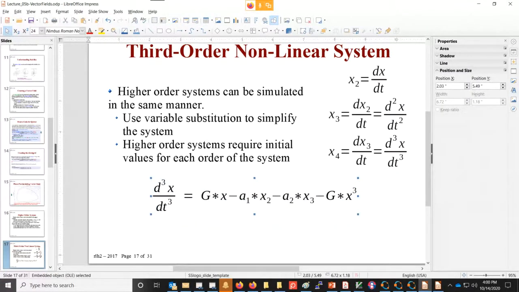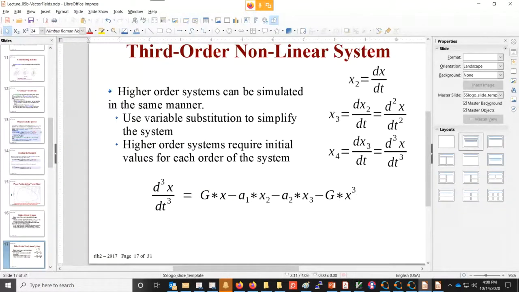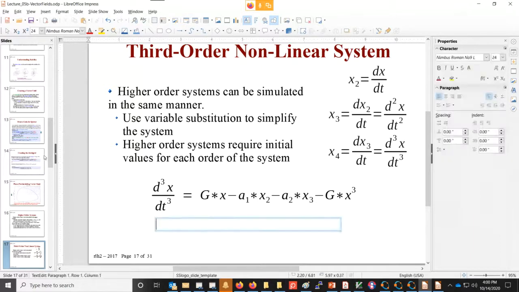So here's your third order derivative. And then the other values you simply integrate. So then now I've got my second order derivative, d squared x dt squared, is equal to the previous value of this plus my time step times the third derivative.